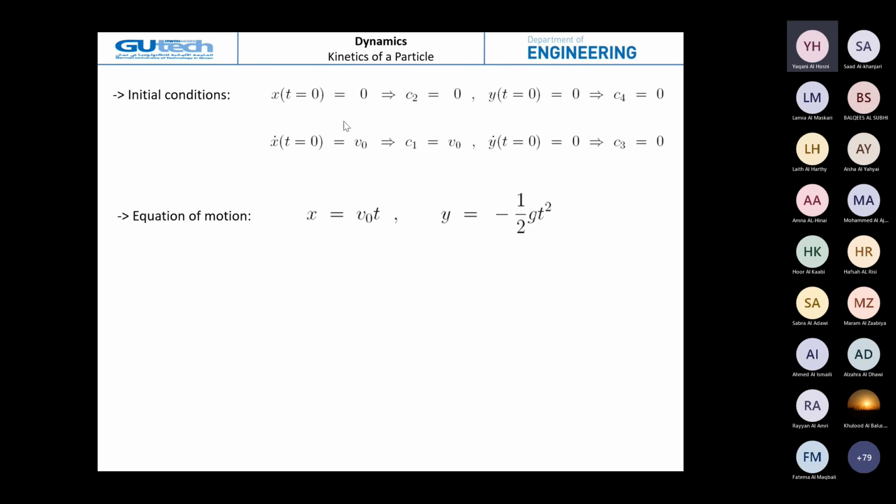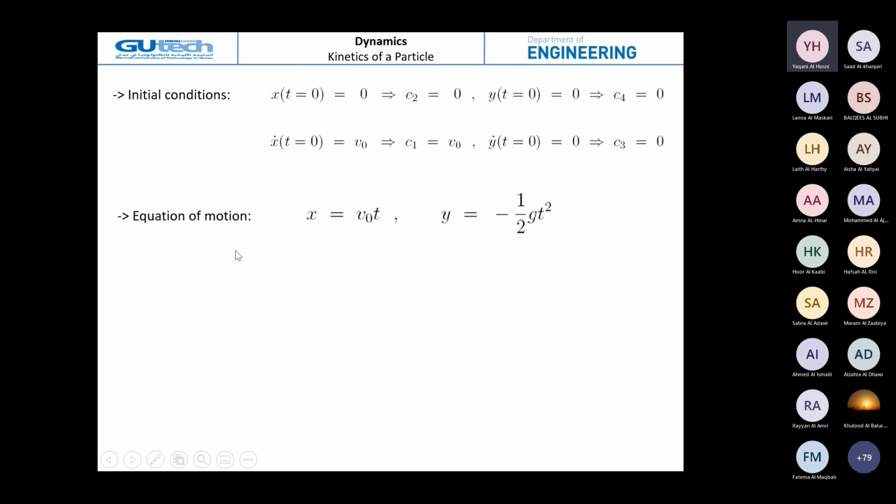Now coming to the velocity. The velocity at time t equal to 0: the particle is thrown with a certain velocity v0, then we get c1 is only v0. In y direction, it was at rest, so the velocity is equal to 0, then we get c3 is equal to 0.